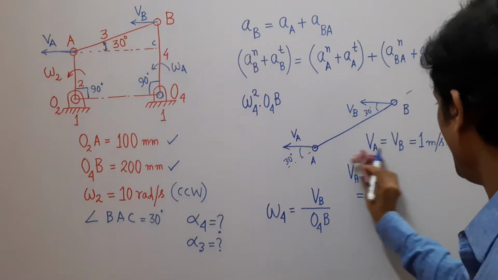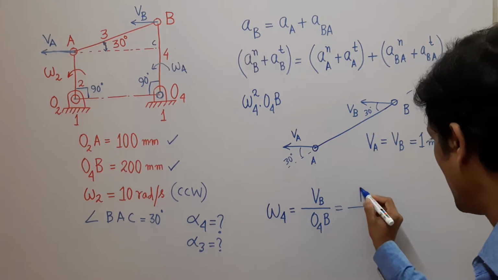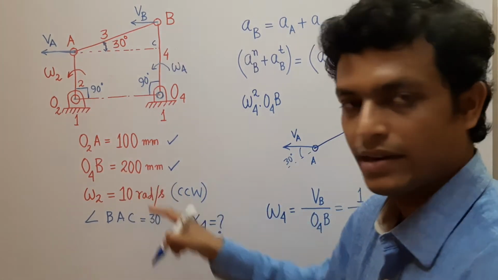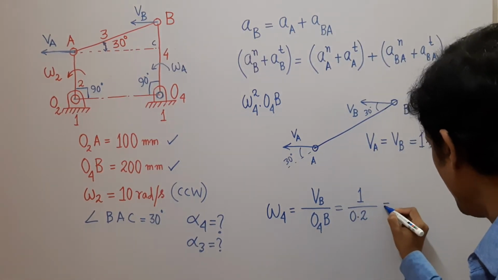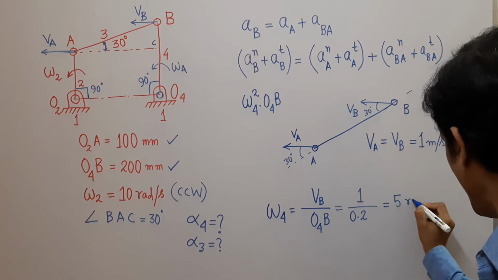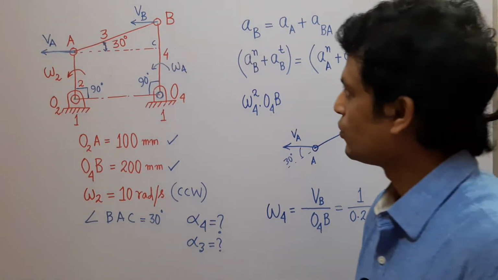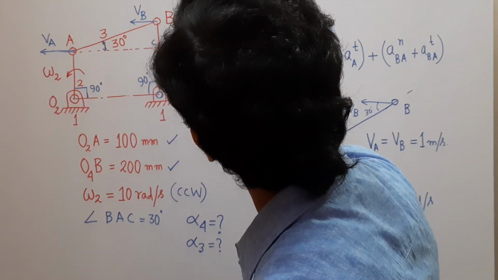So, what is VB? VB is 1 meter and O4B is 200 millimeter, that is 0.2 meter. So, that is 5 radian per second. So, omega 4 becomes 5 radian per second.